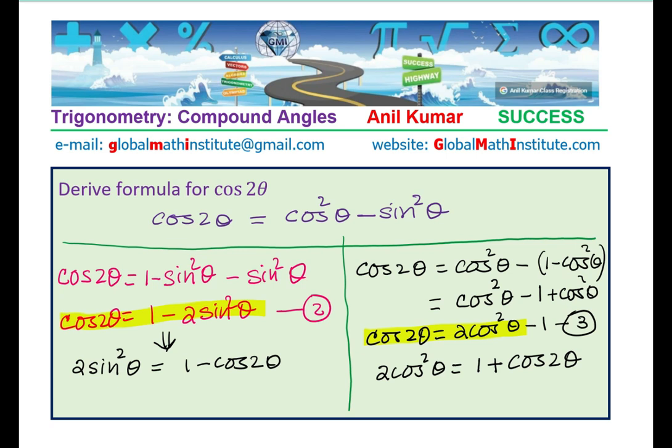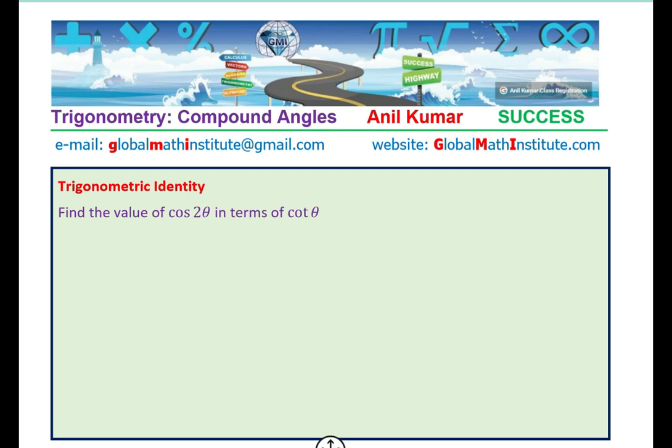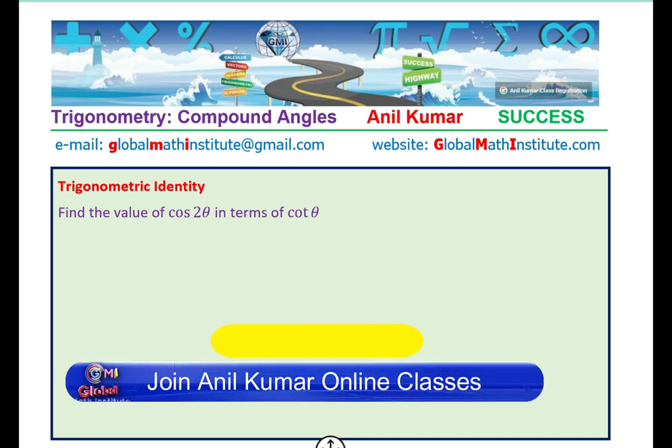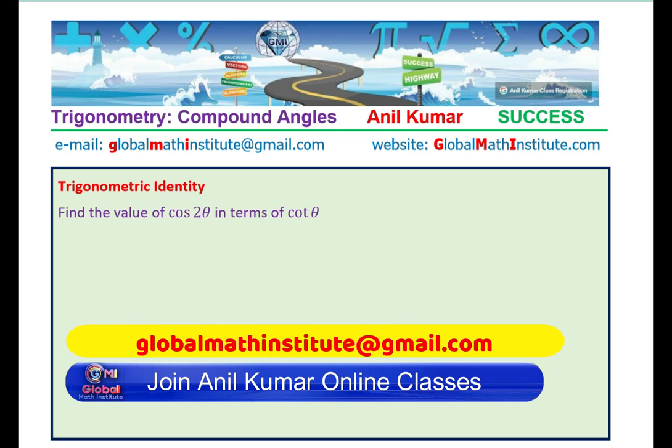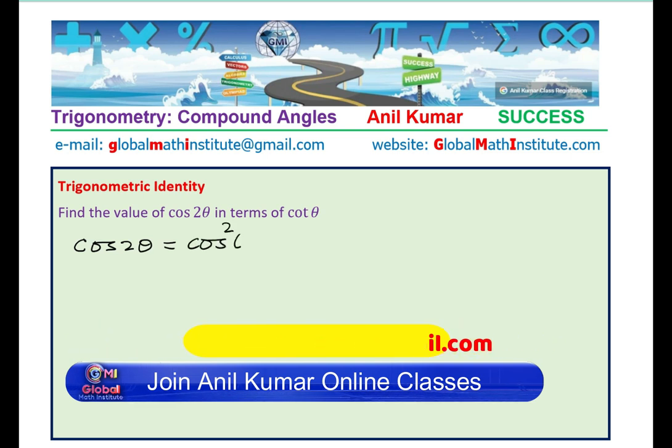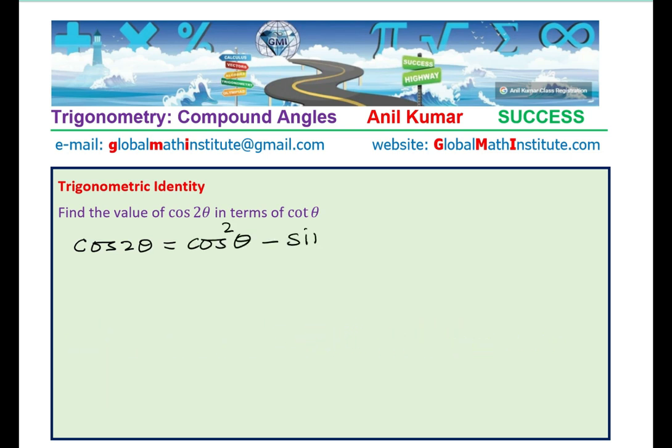Correct. So now let's look into the next question, which is how do we write cos 2 theta in terms of cotangent theta? So we just figured out that cos 2 theta is the difference of squares of cos and sine. Now, I told you that the sum of cos square theta and sin square theta is 1, right?